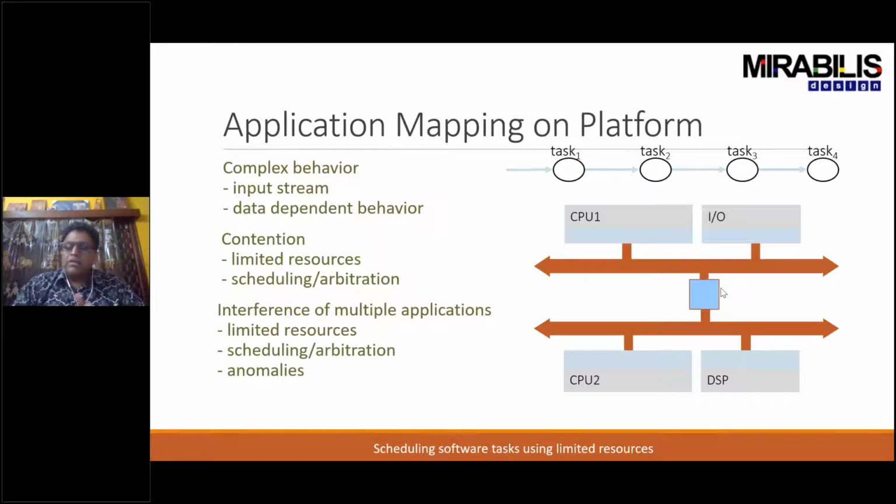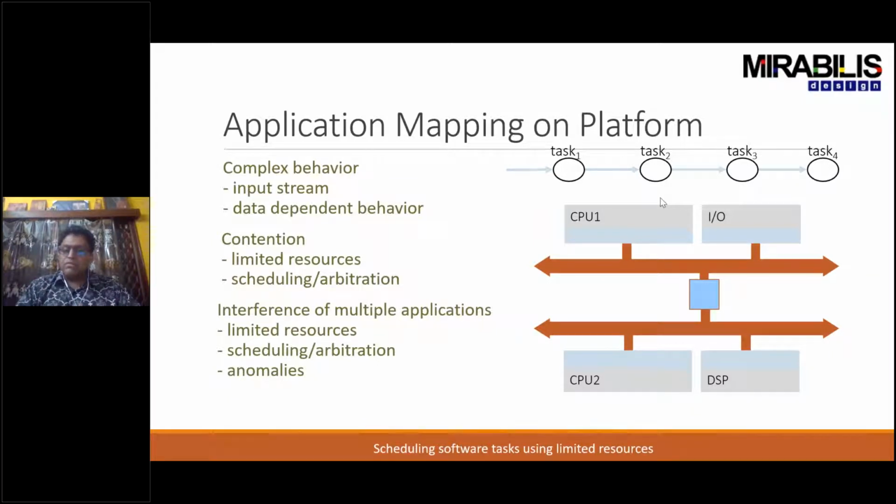Now, realize that there's only a limited amount of resources in every one of these components, and they have to be scheduled or arbitrated such that they can meet the timing and the power deadlines. If you take these tasks, they're really considered in two parts. Part one is where you map these tasks onto these devices or resources.